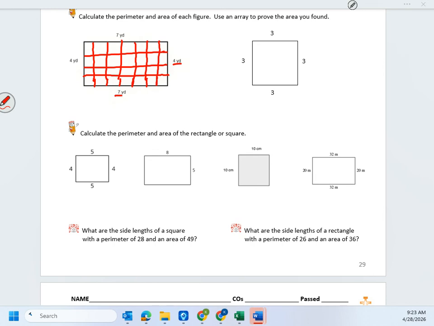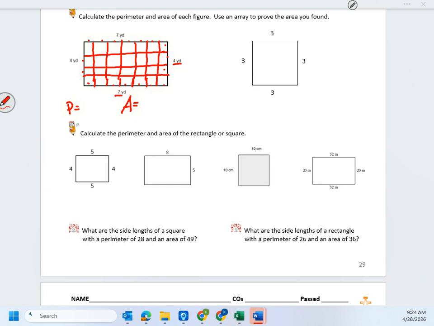It's proving our area. You can count how many squares going around for that perimeter, and you can count how many squares are in the middle for our area. So we could say 1, 2, 3, 4, 5, 6, 7, 8, 9, 10, 11, 12, 13, 14, 15, 16, 17, 18. Oh, I forgot to count.